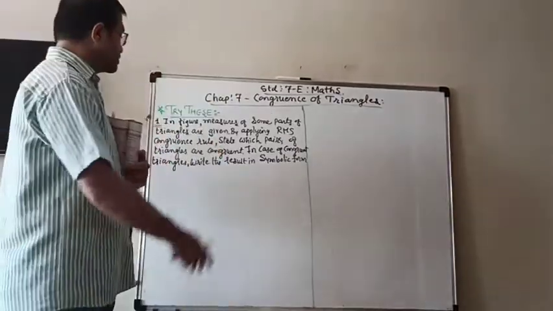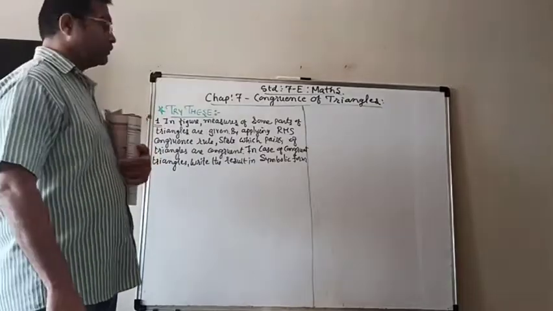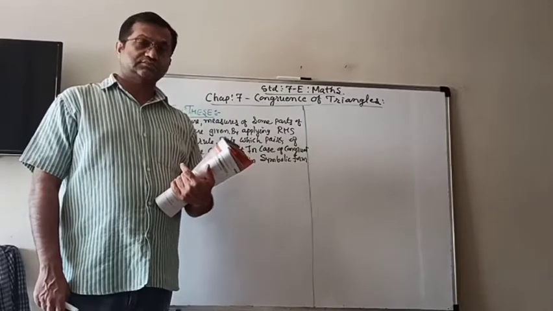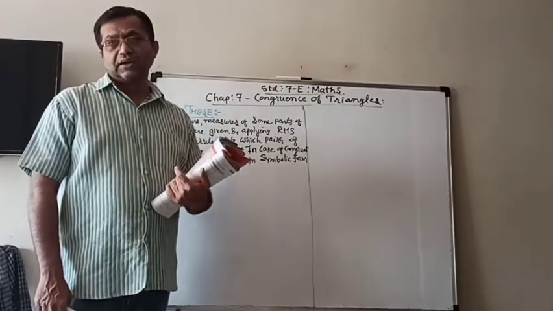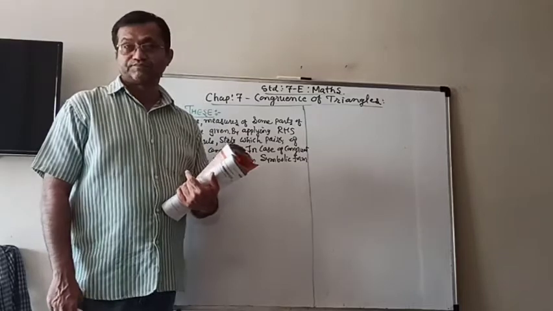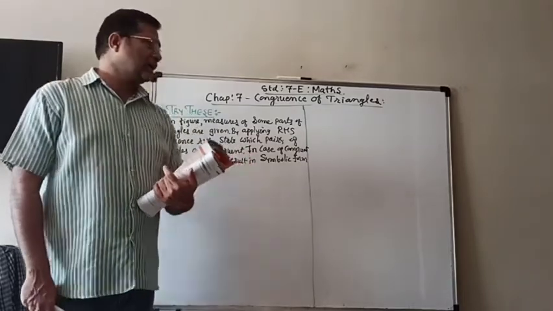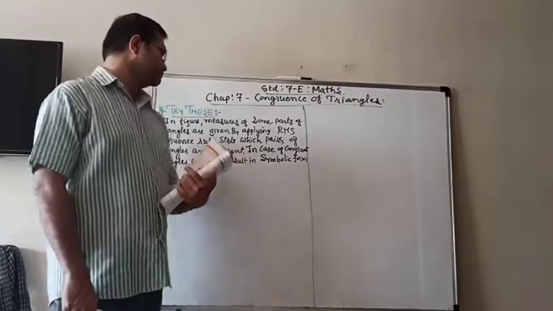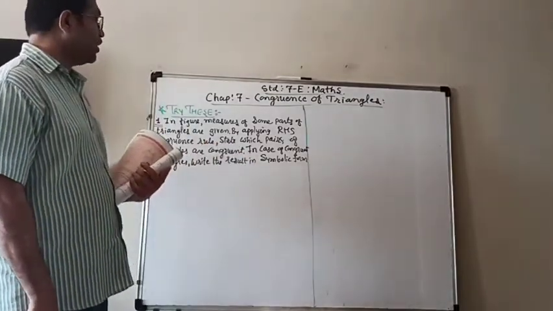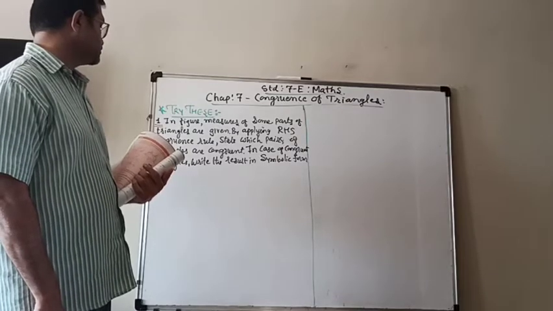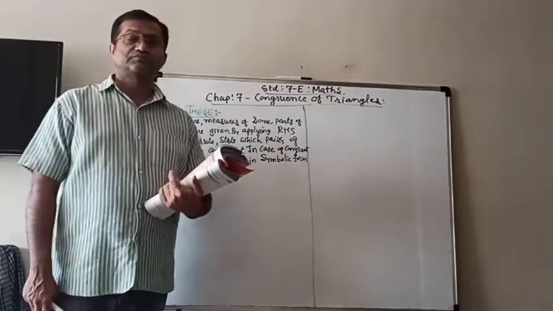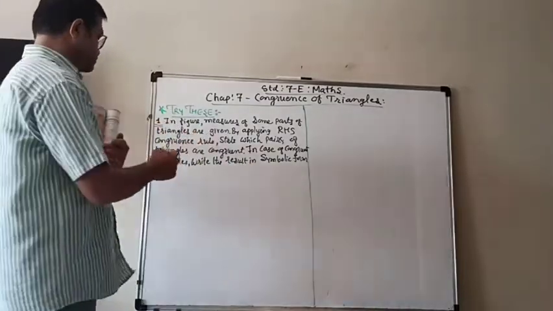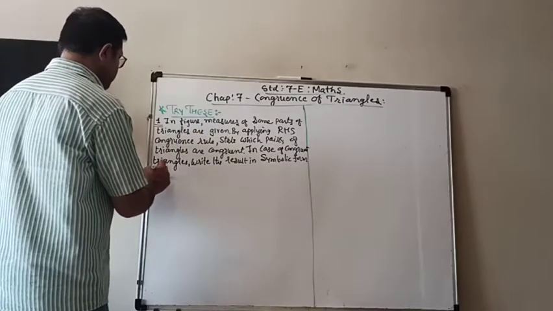Now, try this. Question number 1, in which some pairs of triangles and some of their measurements are given. We have to check whether the triangles are congruent or not, and if they are congruent, we have to write it using the symbolic form. So now the first one.